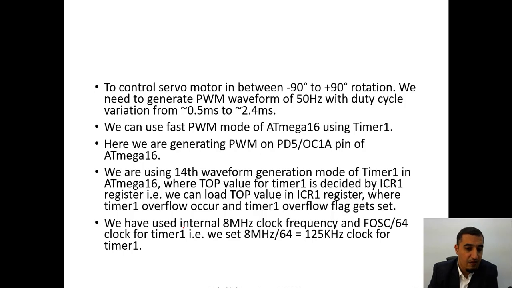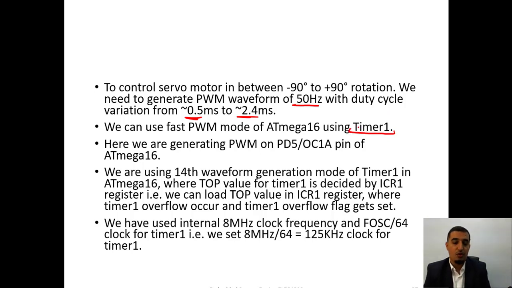Now, to control the servo motor between minus 90 and plus 90 rotation, we need to generate a pulse width modulated signal that has a frequency of 50 Hz with a duty cycle variation from 0.5 to 2.4 milliseconds. We can generate it using the Atmega16 timer 1.